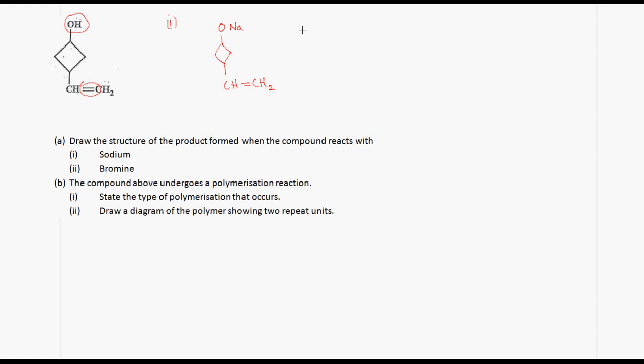For part 2, the reaction with bromine. Now the bromine is not going to react with the OH group. It is going to react with the alkene group. So we are going to leave the OH group as is.